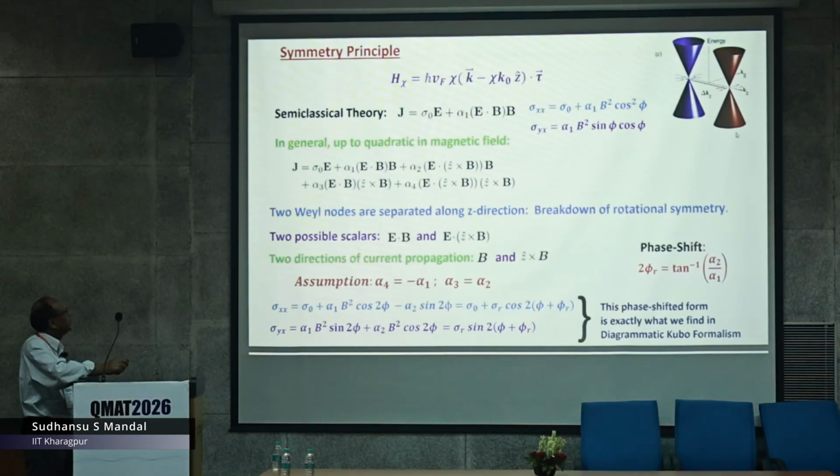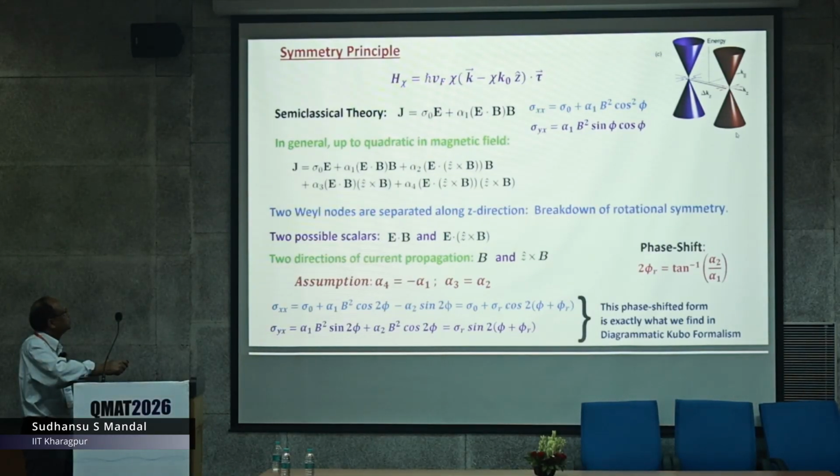But in Weyl semi-metals, you have two Weyl nodes. So why is this property coming? Because E dot B is non-zero. Because of the chiral symmetry breaking, you find this conductivity. That is the key here, that E dot B is non-zero.